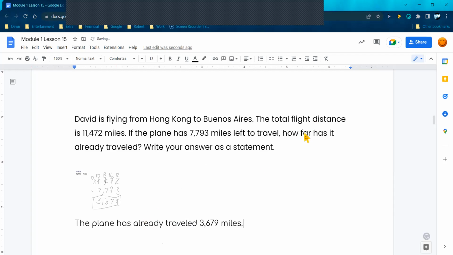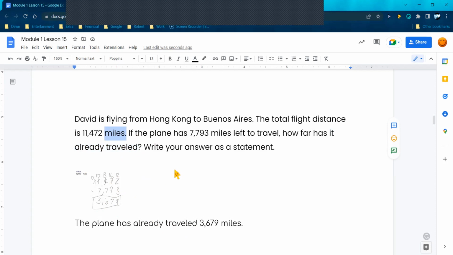So all I did was take the question, how far has it already traveled? What is it? It is called the plane. If the plane, so I took the plane, has already, right here, already traveled, and then I took my answer right here, and it is in miles.